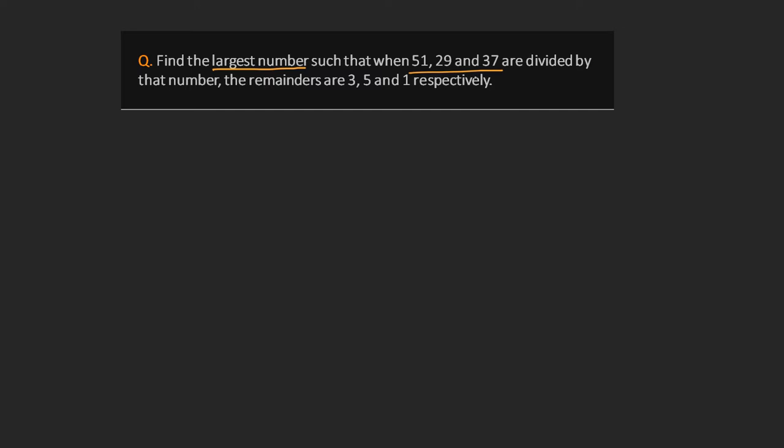So, do we find the HCF of these numbers? No, because the question tells us that there are remainders. The answer is not a factor of 51, 29 or 37. When we divide 51 by it, there's a remainder of 3, which means that the answer is a factor of 51 minus 3, 48.